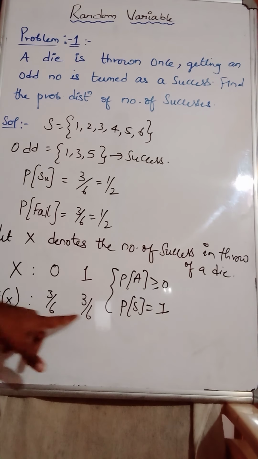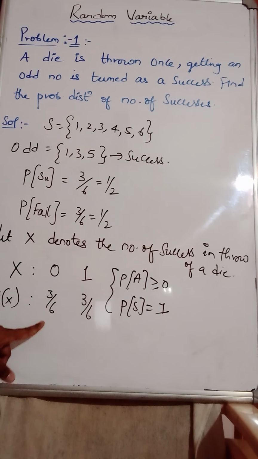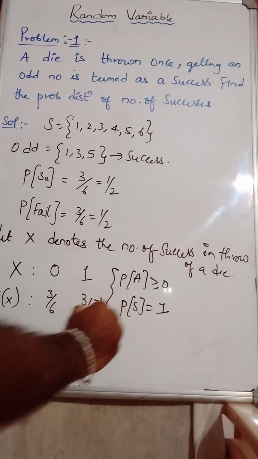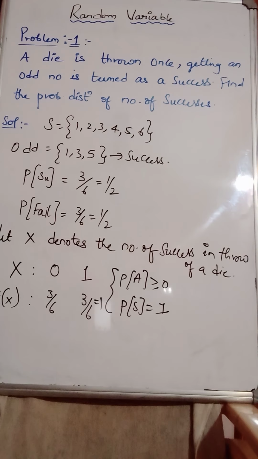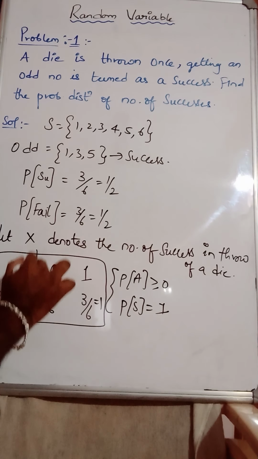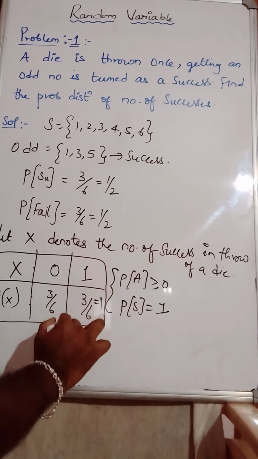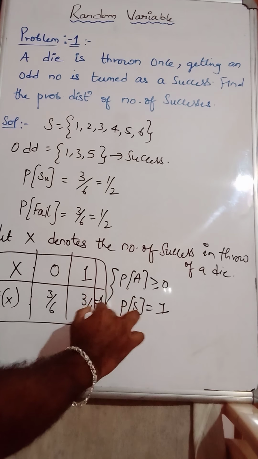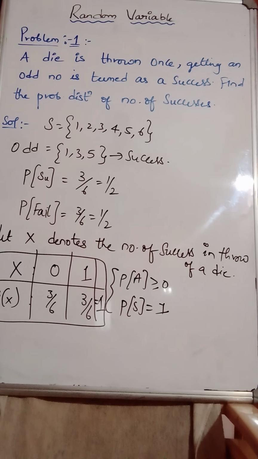So probability value will never be negative and the total probability will always be equal to 1. So this total is 1. Therefore, this is the probability distribution of X.